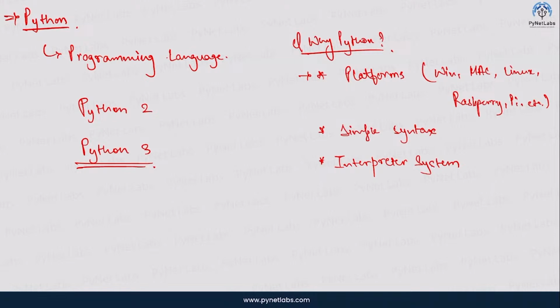But if all such things are there, then we don't need any additional changes for such operating systems. And again, as I mentioned earlier, we don't have to compile it into anything. You can simply write your code and you can execute that.